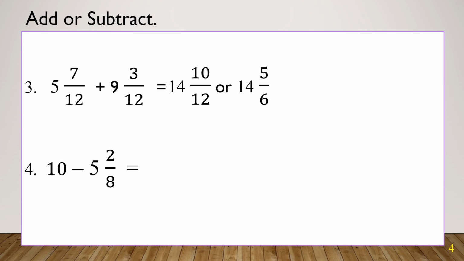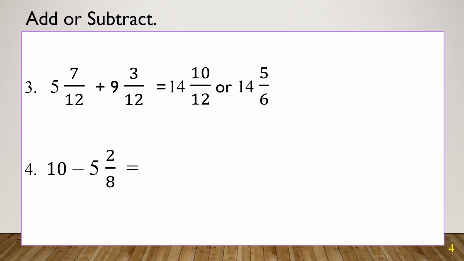So ang GCF niya ay 2, so divide 10 by 2. Ang sagot po ay 5, then 12 divided by 2. Answer po ay 6. So copy yung whole number na 14. So final answer ay 14 and 5/6.